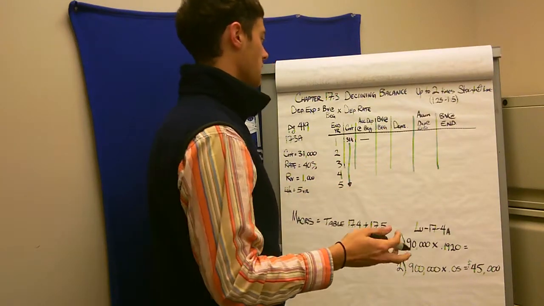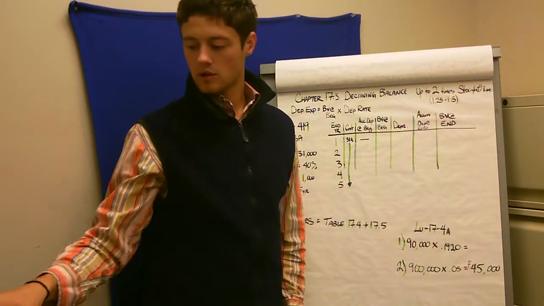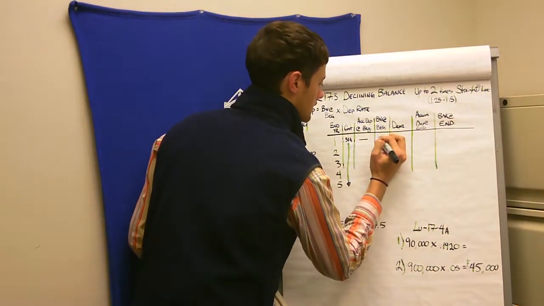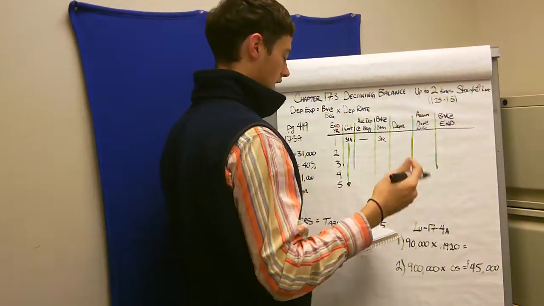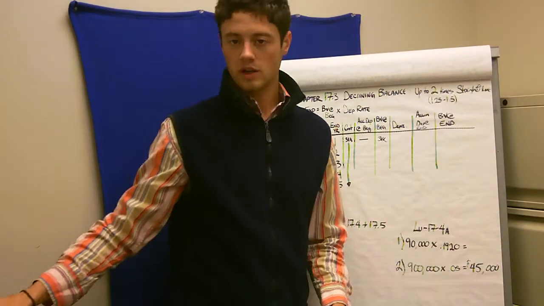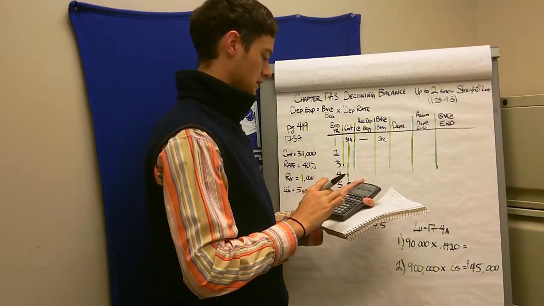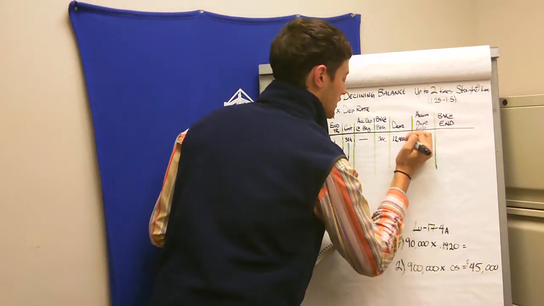How would we do this? So our beginning book value, what would that be? Would that not be the $31,000 that it is? So what's our depreciation? Well, let's calculate that. So 40%, 0.4 times 31,000 is $12,400.